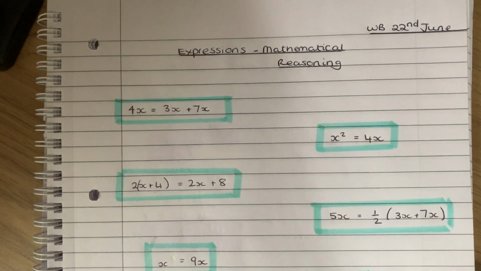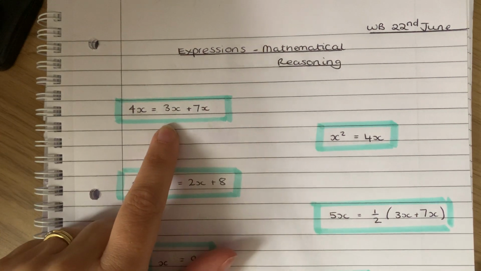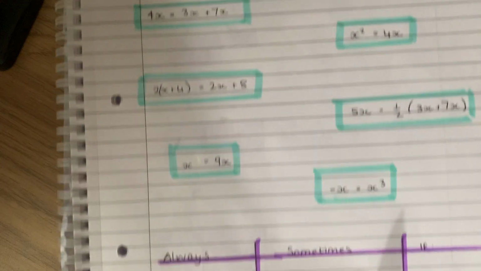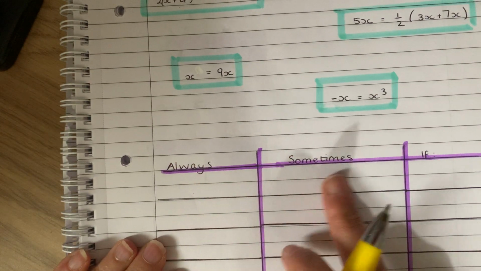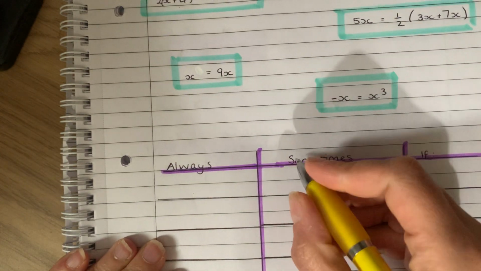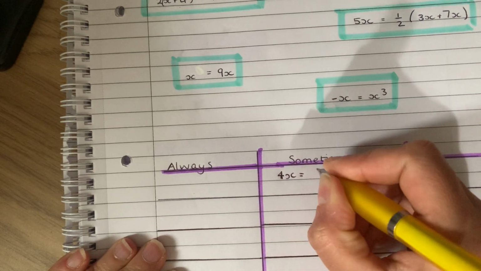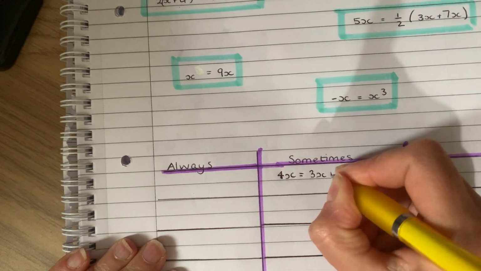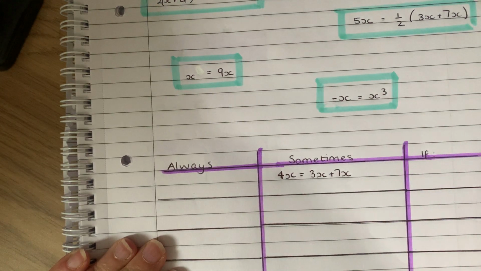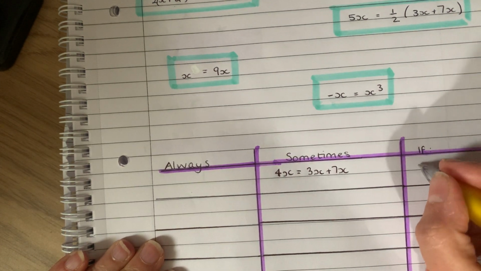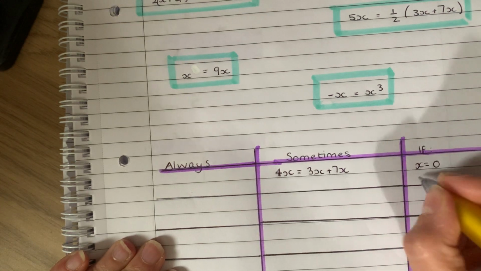So I'm going to put that one in my sometimes box. Down here I've got a little table of always and sometimes, and then the conditions. So 4x equals 3x plus 7x is sometimes true, if x equals 0.